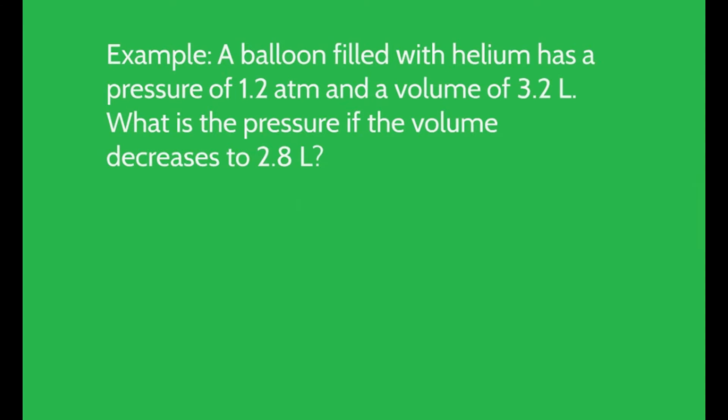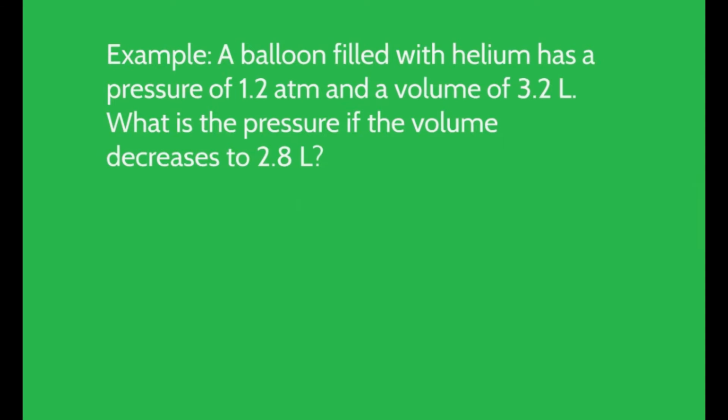I'll give you a hint on how the formula works. It really just depends on how they write it in the sentence. If they say 1.2 pressure and a volume of 3.2 liters, they're both your 1, or your 2. It doesn't matter. It will still work out, as long as these two are on the same side of the equation. But if you plugged in 1.2 with 2.8, it wouldn't work out because that's not what they're asking.